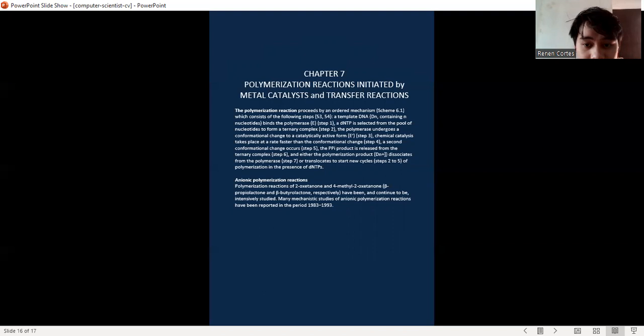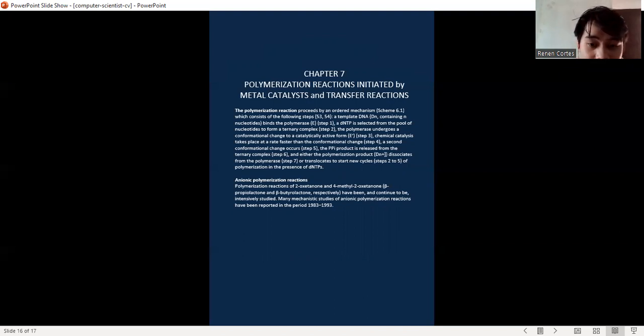And for the fourth step, chemical catalysis takes place at a rate faster than the conformational change. A second conformational change occurs at step 5. The PPi product is released from the ternary complex, which is step 6.